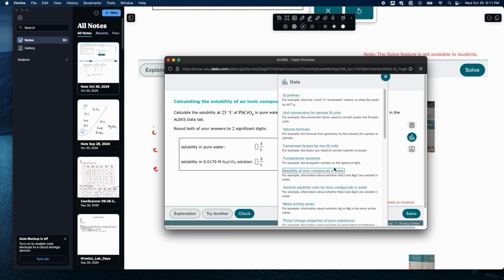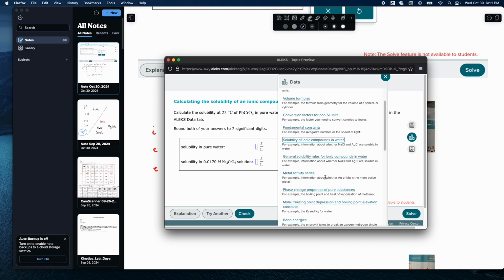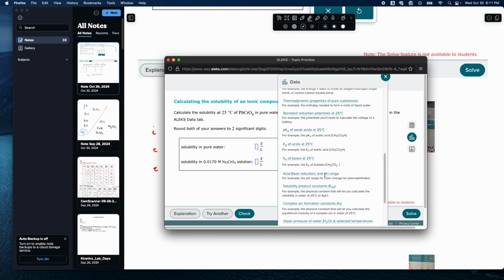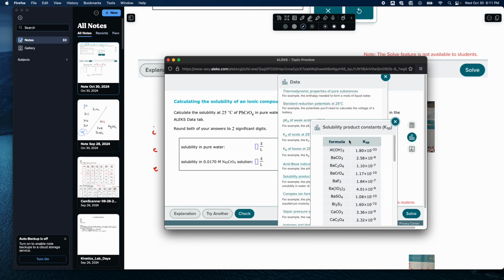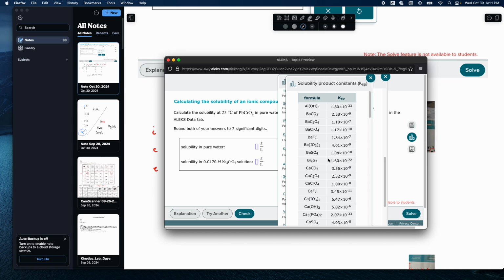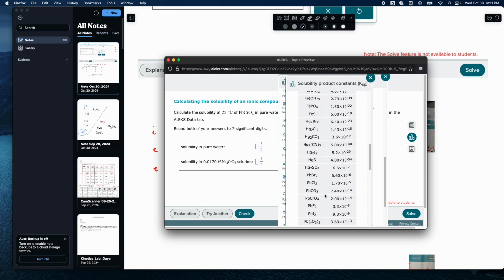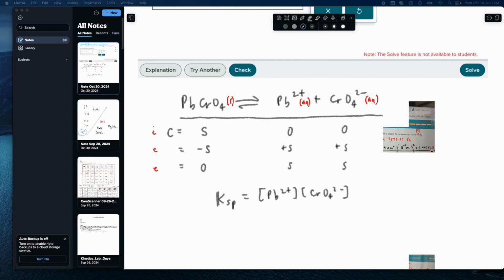I need the actual numbers. There they are. Let's find lead 2 chromate. There it is right there: 2.00 times 10 to the negative 14. We'll bring it over again in a minute. This is equal to 2.00 times 10 to the minus 14.